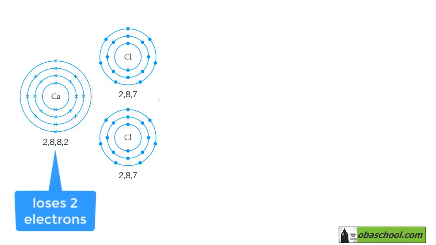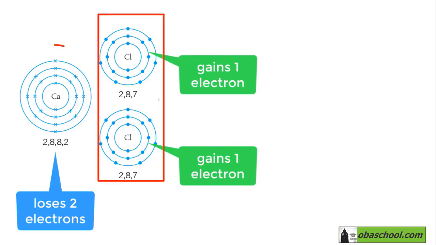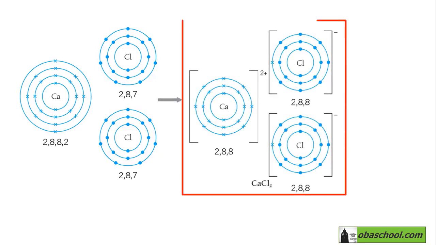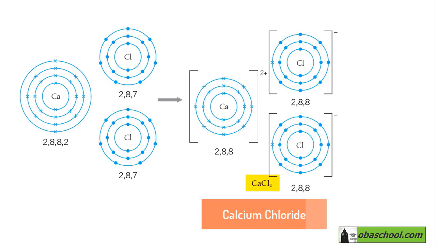So if one calcium atom needs to lose 2 electrons and each chlorine needs to gain only 1 electron, this means that 2 chlorine atoms react with every 1 calcium atom to form calcium chloride. So the formula of calcium chloride is CaCl2.